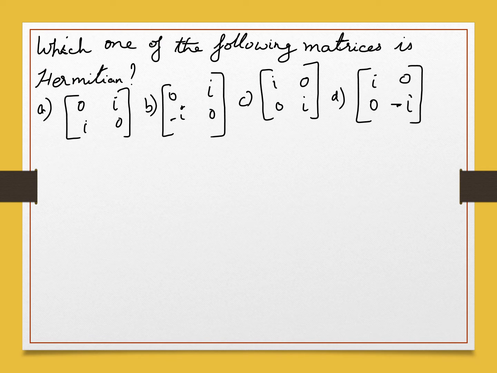Next, which of the following matrices is Hermitian? For Hermitian, we can prove that a matrix is Hermitian if aij is equal to aji conjugate.